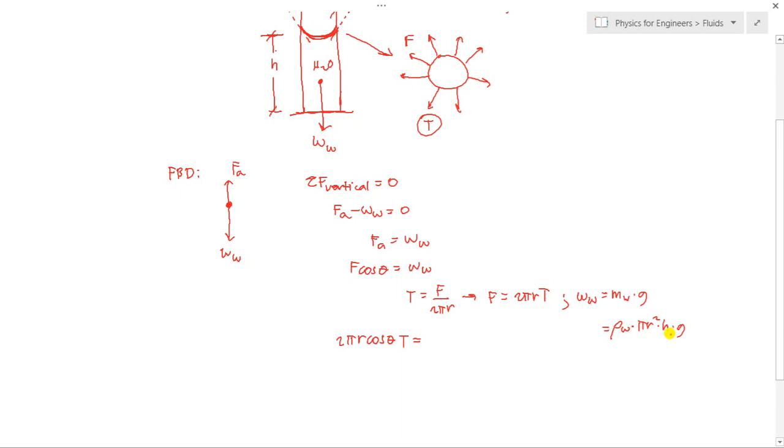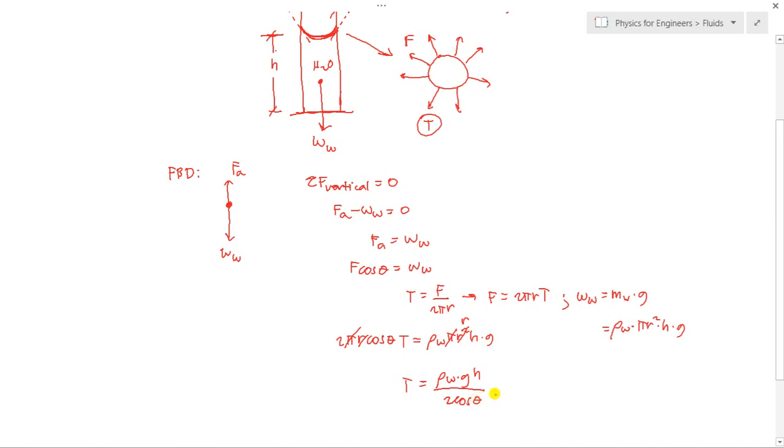Okay? So ato na siya i-plug in dire. So this one is equal to rho w pi r squared times height times the gravity. So here, common ang pi makancel, ang usa ka r makuha. So mo r na lang ni ari. So therefore, atong makuha ang surface tension equal to the density of the water or the fluid times the gravity times r times h divided by 2 cosine of theta.